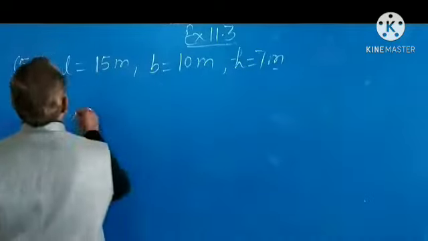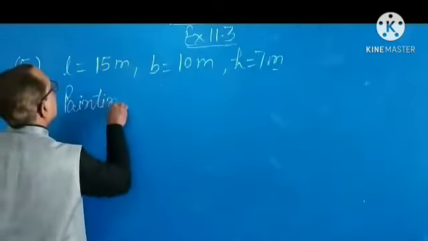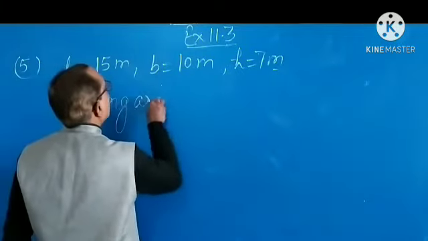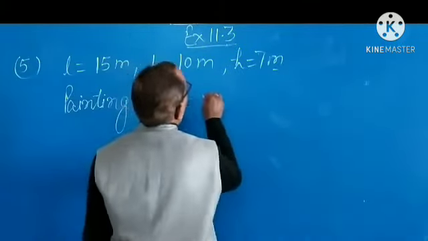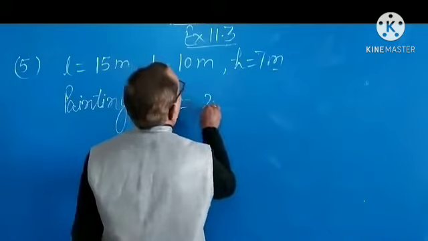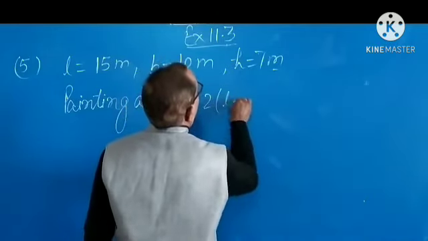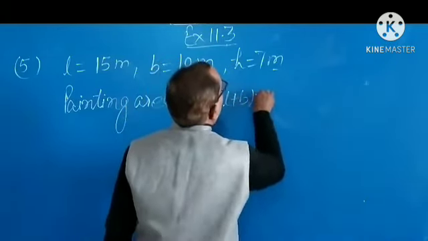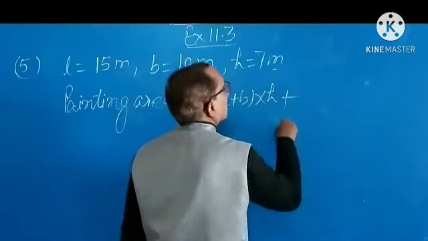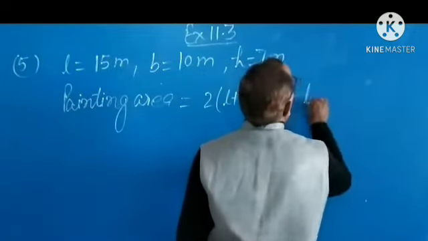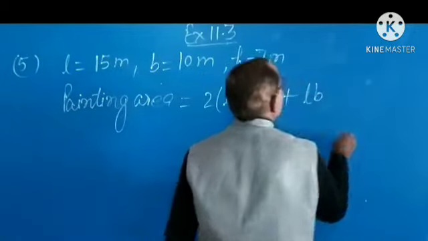You find out the painting area. Painting area is equal to area of the four walls, that is 2 bracket L plus B into H plus area of the ceiling, that is LB.